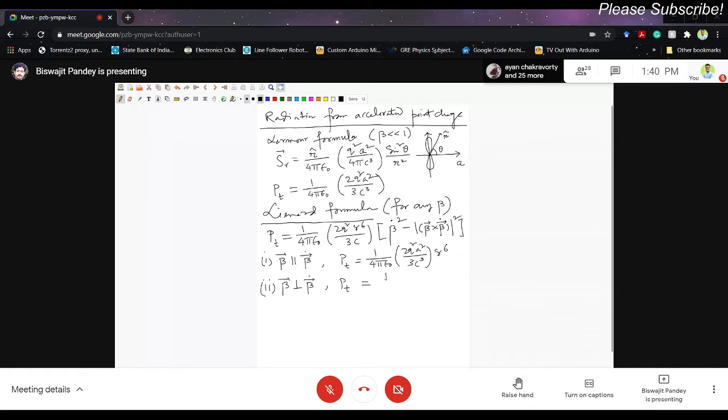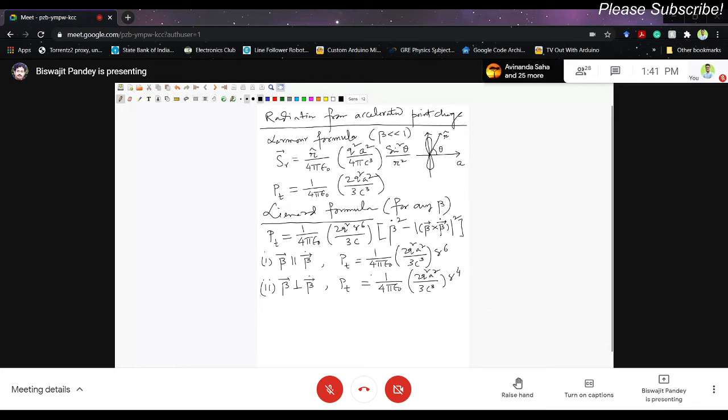So it is the same Larmor formula, 2 q square a square by 3c cube, multiplied by gamma to the power 4. I also talked about writing this expression in terms of force, not acceleration. Then we can show that the power radiated in the perpendicular case will be more than in the parallel case. Fine. So these are the Liénard and Larmor formulas.